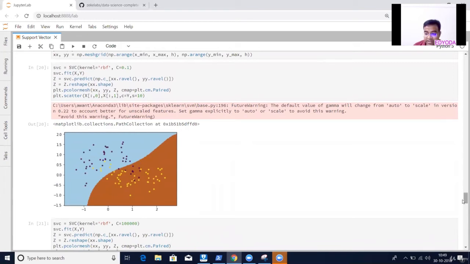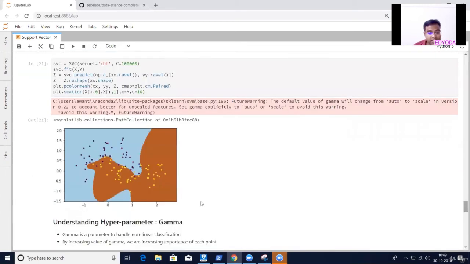If you increase the value of C, you can see the separator is highly non-linear in nature, right? This is because with an increasing value of C, it allows less and less misclassification, and of course now this decision boundary is less generalized.